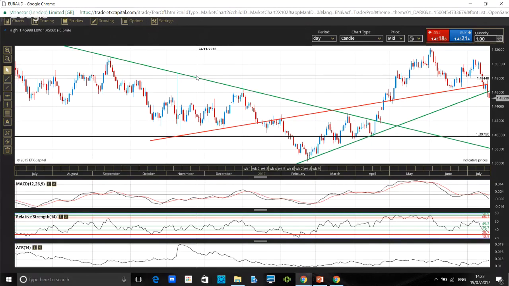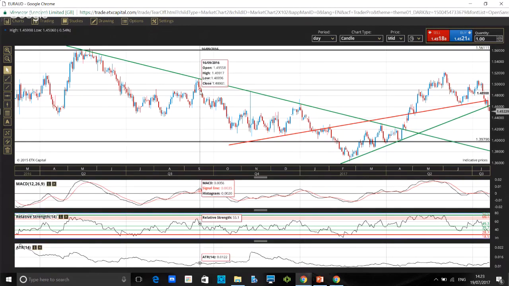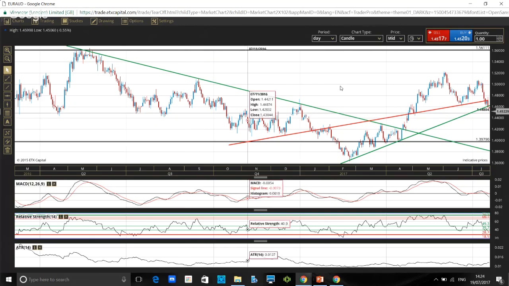Now, trend lines. Trend lines are basically lines that identify the trend, simply put. Okay, they identify the trend, but in doing so, they also act as either support or resistance lines. They act as support lines for price that's moving in the upwards direction.